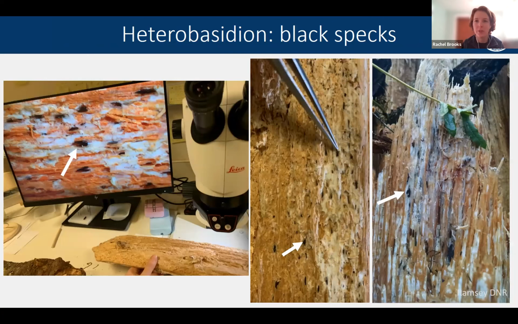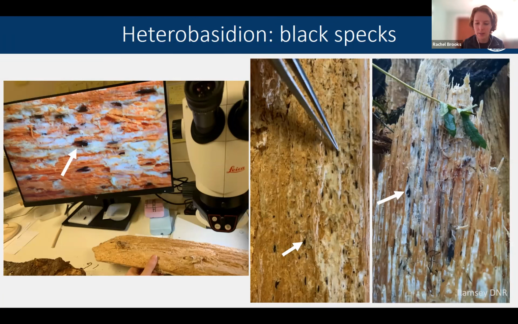The two pictures on the right were taken by just a phone camera, and you can see how you don't need any additional magnification to see these flecks, though it is nice, and that's why I included that picture of the microscope where you can see these dark embedded points in the rot. It's more obvious in person that it's within the rot and not just dirt on the rot when you're looking at it.